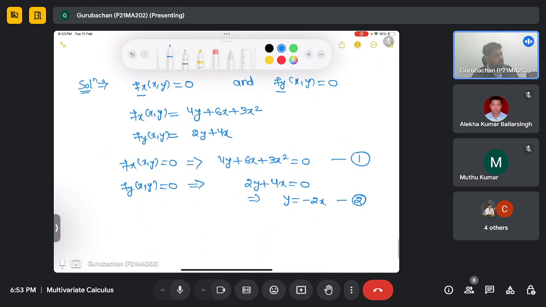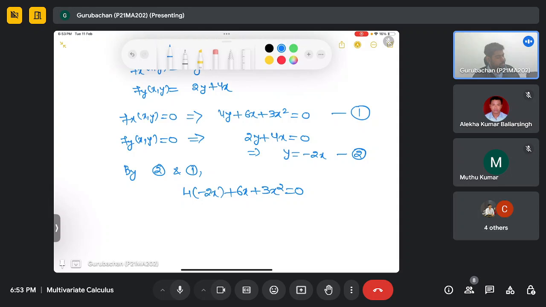Now put this value of y in equation number 1. So by 2 and 1, 4 times minus 2x plus 6x plus 3x square equal to 0. So this will give us 3x square minus 2x equal to 0. I hope I have done it correctly.